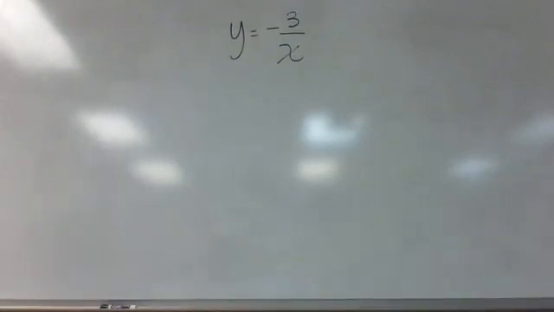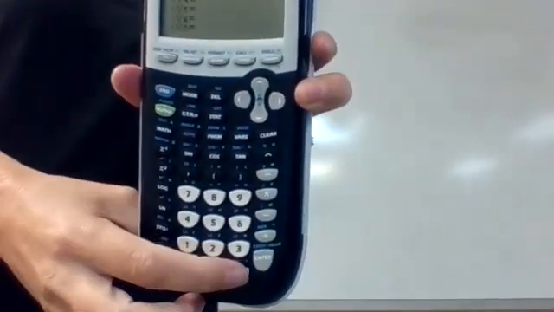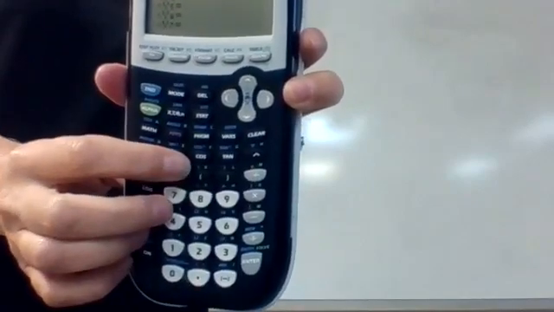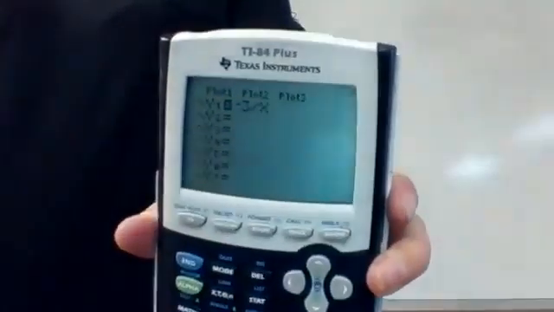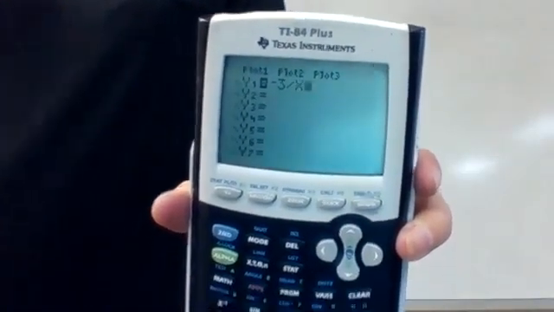So the y is still by itself, so I can still go straight to y equals. Clear it out. And again, just type in exactly what you see. So -3 divided by x and then graph it.